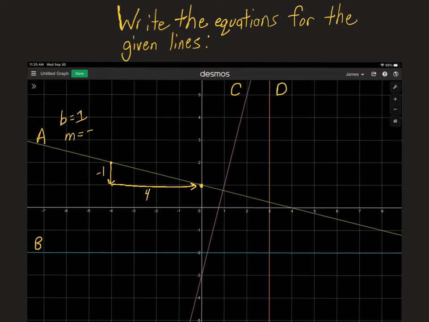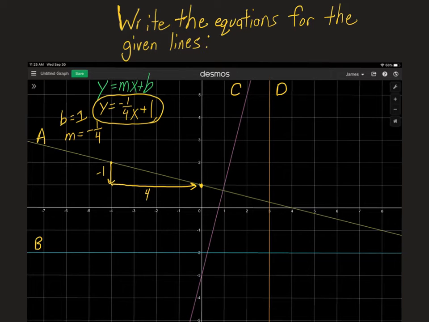When I put those together, that gives me a slope of negative 1/4. And from those two pieces of information, I'm going to plug them in to our slope-intercept equation. So we'll get y equals, my slope is negative 1/4, and my intercept is 1. So there's the equation for A.